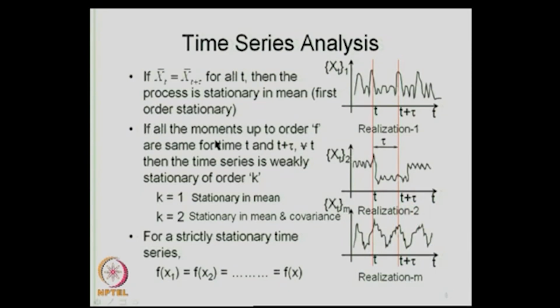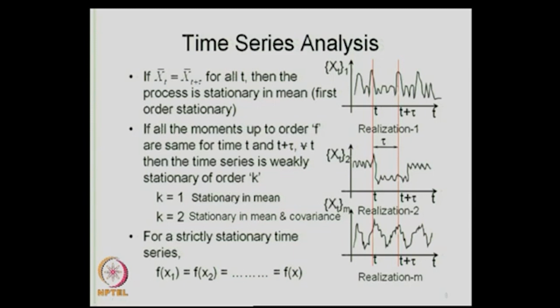So, in general, if we have a time series, if all the moments up to order k are the same for time t and t plus tau for all t, then the time series is weakly stationary of order k.